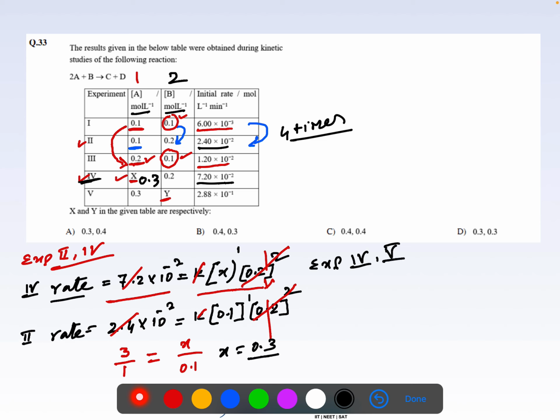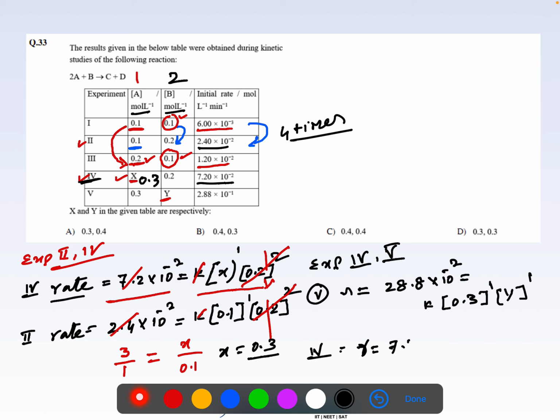So from experiment 5, I know that rate is equal to 28.8 into 10 to the power minus 2 is equal to K into concentration of A is 0.3 power 1, concentration of B we don't know, that is Y. And from experiment 4, we know that again rate is equal to 7.2 into 10 to the power minus 2 is equal to K into concentration of A is 0.3, just now we found that, and concentration of B is 0.2 power 2. So we take the ratios here.